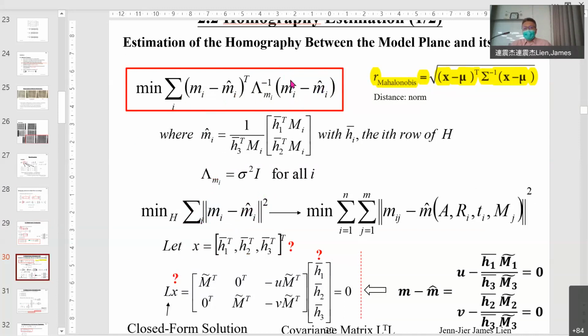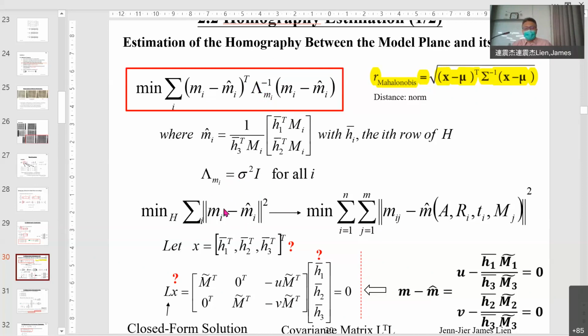Okay. But this equation is equal to the exponential term of the Gaussian probability. This term is equal to the exponential term of the Gaussian distribution. But in this case, let's assume that the standard deviation is the same in all 3 directions, that is, the unit of each x, y, z axis is the same, so we set it to identity.